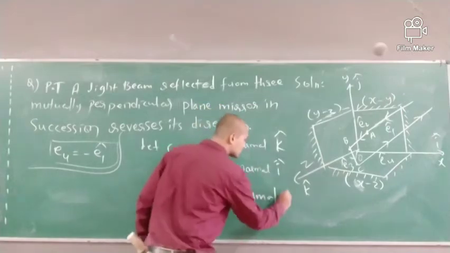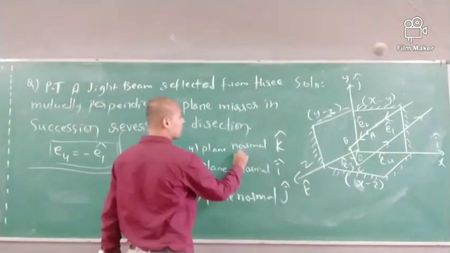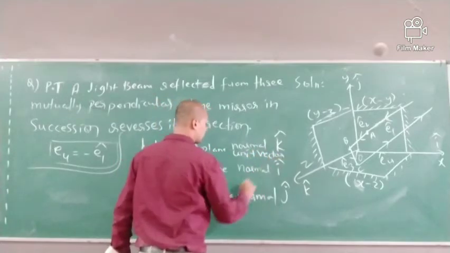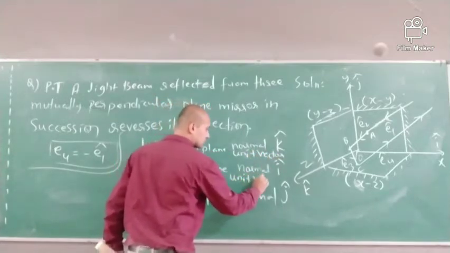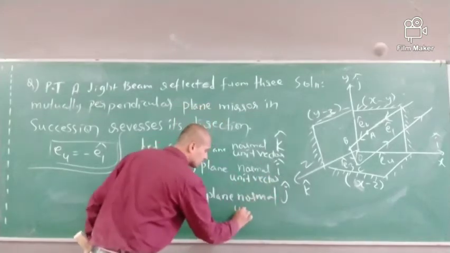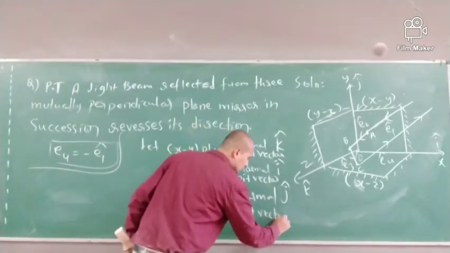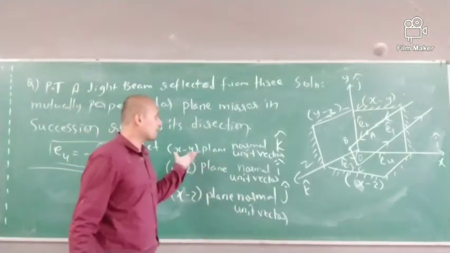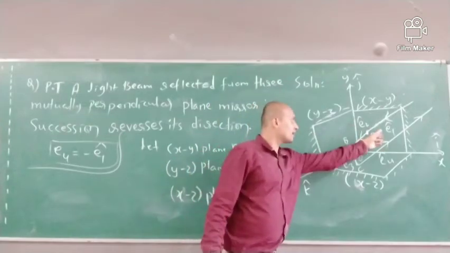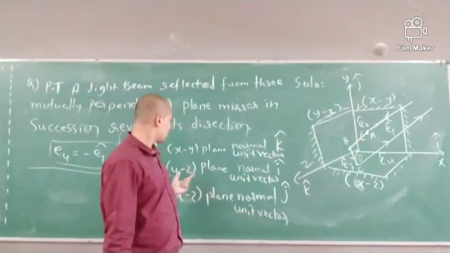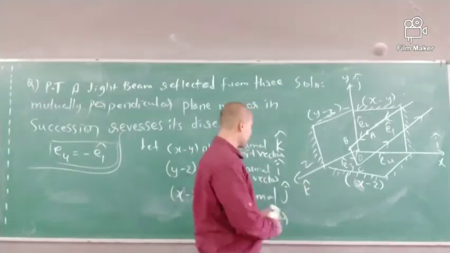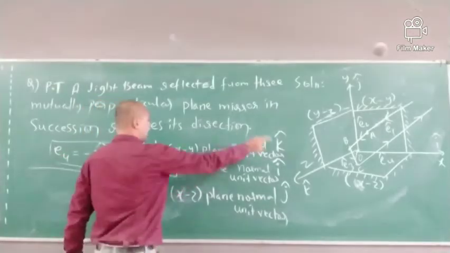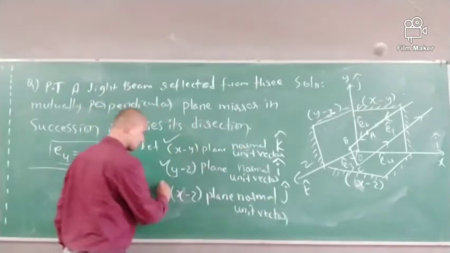That will become J cap. This is a normal unit vector. What is the normal unit vector for the XY plane? For YZ, sorry, I cap. I cap for YZ, K cap for XY, J cap for XZ.